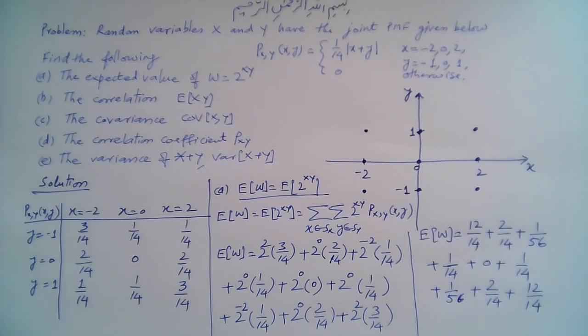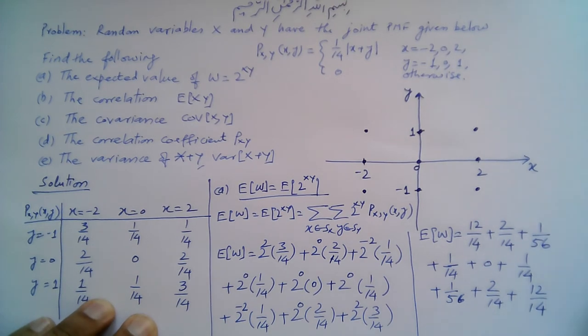So this is 12 over 14 here. So we need to add these values together to find the expected value of W.